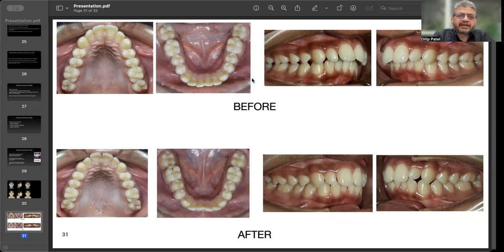After the twin block appliance, there is spacing in the upper. Mild crowding will remain as it is. The molar became class one, the canine became class one on both sides, and the patient was happy, and there was no need for any fixed therapy.